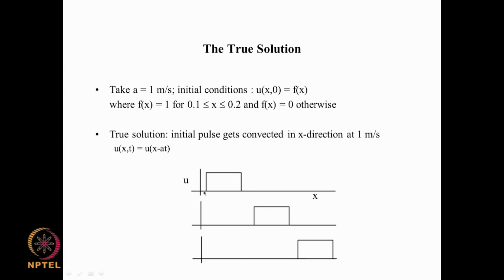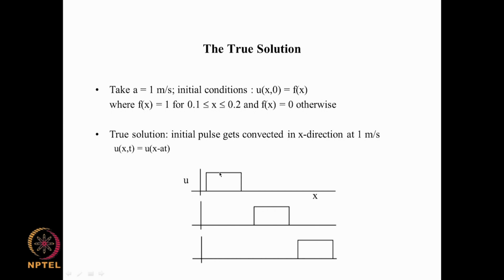So, that means that if you have an initial pulse like this, it is travelling in the x direction at a speed of 1 meter per second. So, after say 1 second it would have traversed 1 meter here, and after 1.5 seconds the center of this would have moved by 1.5 meters. Otherwise the shape would be the same.